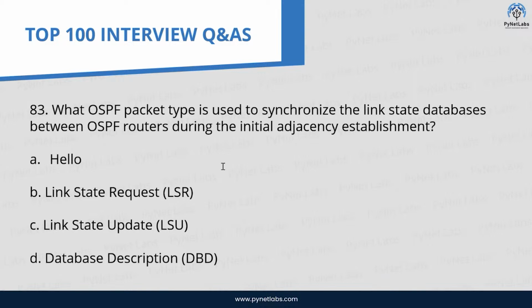When OSPF routers first establish the adjacency, they exchange the database description packet to synchronize their link state databases, which contains summarized information about the sender's link state database. This process helps in identifying any differences between the databases, so this exchange is very important. The correct answer is database description, option D.